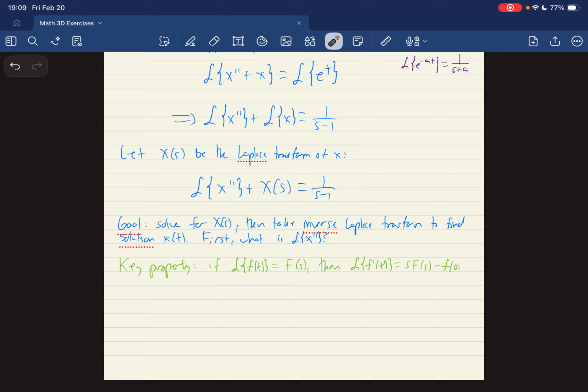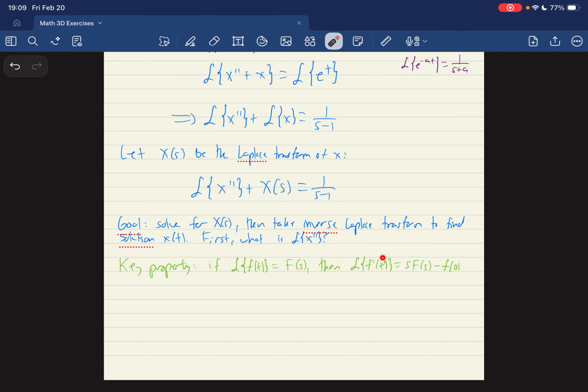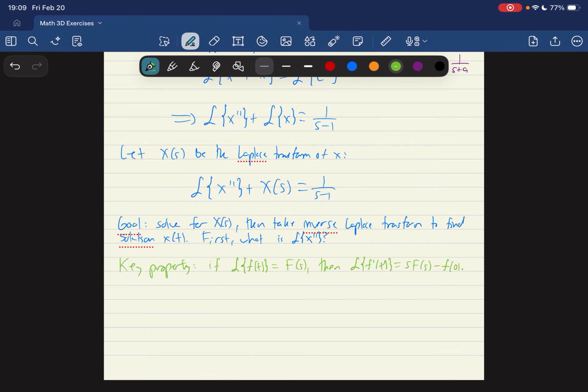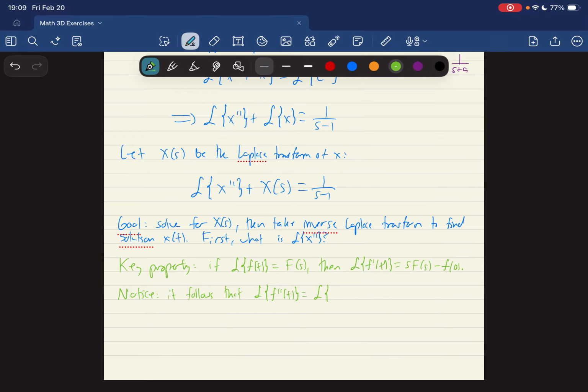And why is this useful? Because once we know what the Laplace transform does to the first derivative, we can work out what it does to the second derivative. So notice it follows that the Laplace transform of f double prime of t is going to be, using this formula, the Laplace transform of f prime of t prime.